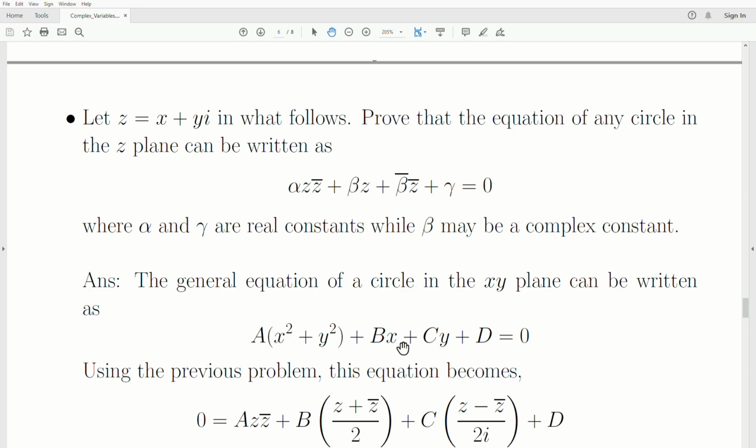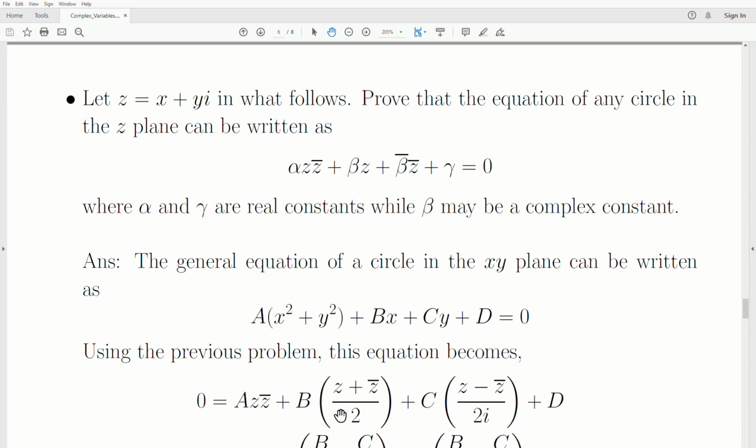But then x is the real component of the complex number, so we can plug in the formula that we showed previously. y is the imaginary component of the complex number, and we proved that it's this.